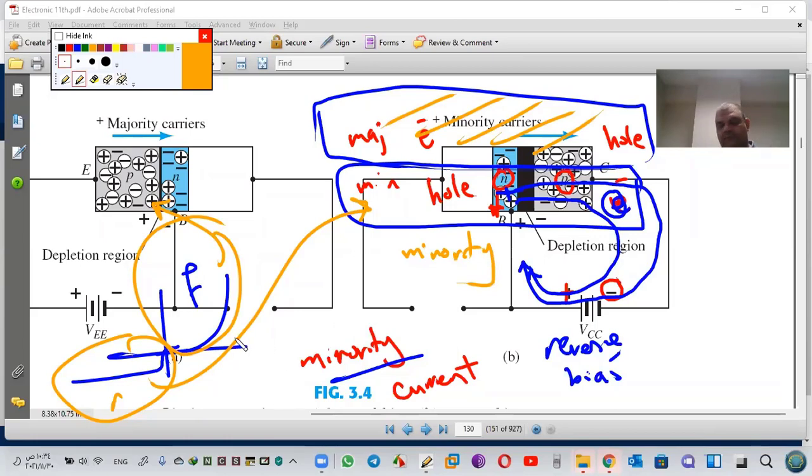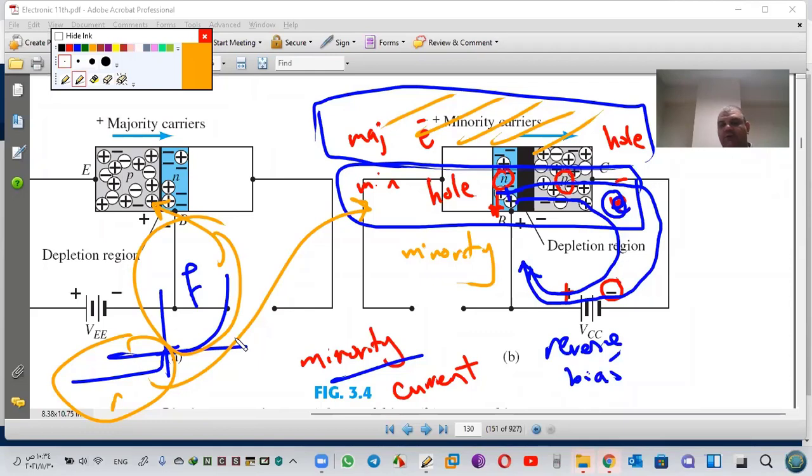If we connect just VEE, we have majority carriers or majority current because we are working under forward bias, as we studied in the diode. If we work with just VCC, reverse bias, we have just minority carriers or minority current.